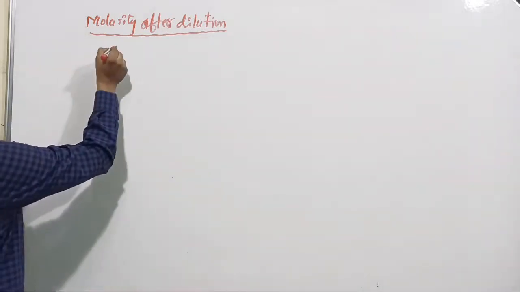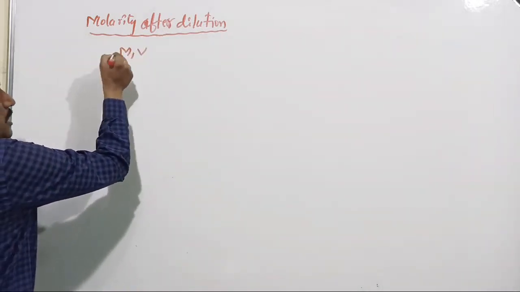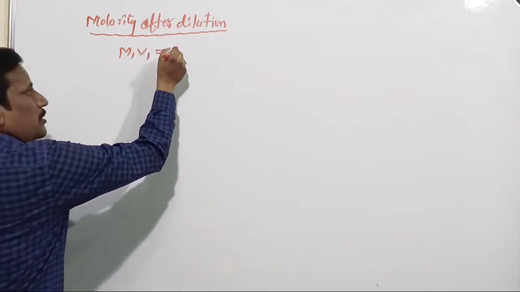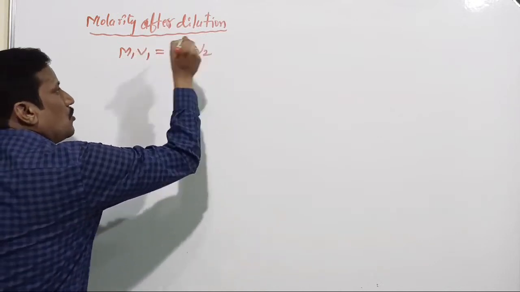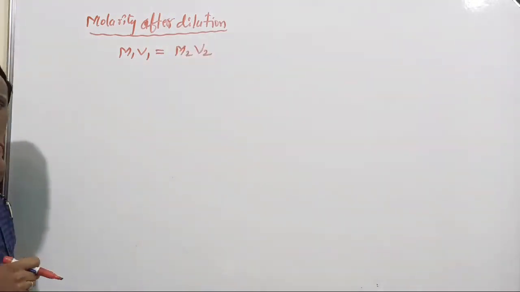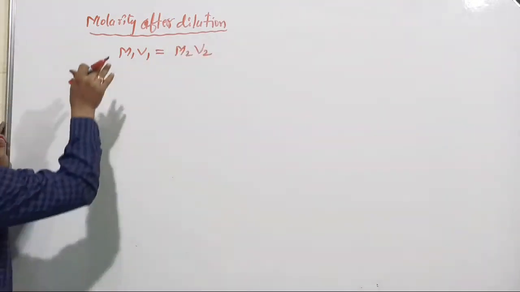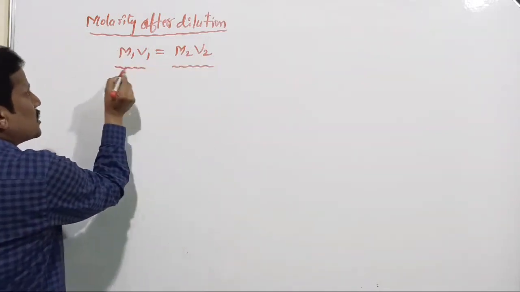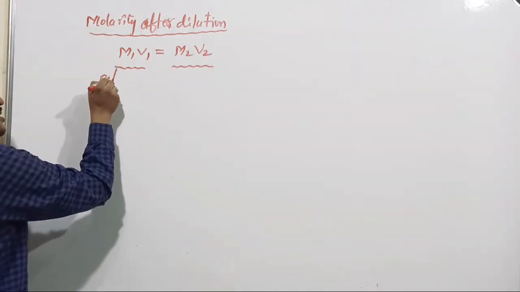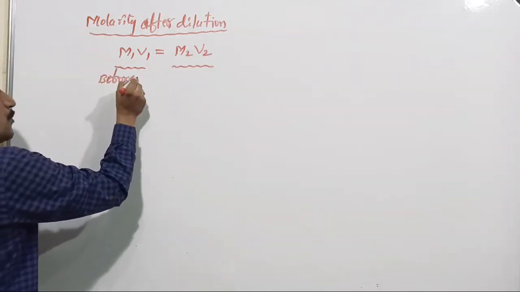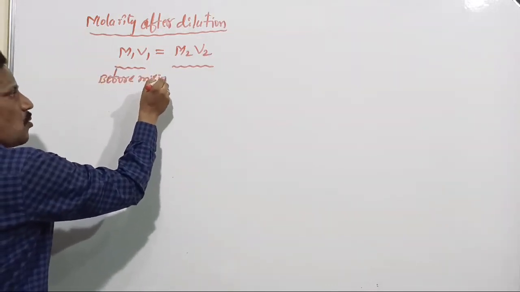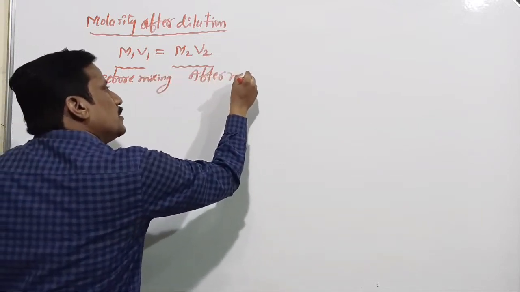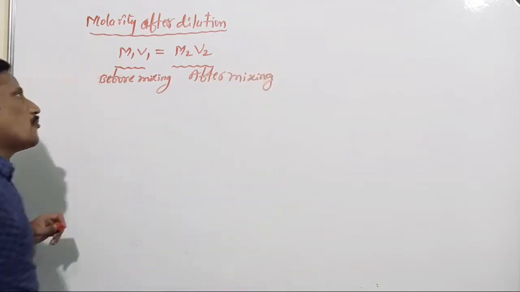We are going to write it like this. One solution will be there, having concentration M1, its volume is V1. That becomes M2V2. M1V1 is equal to M2V2. This is molarity before mixing, and this is after mixing.